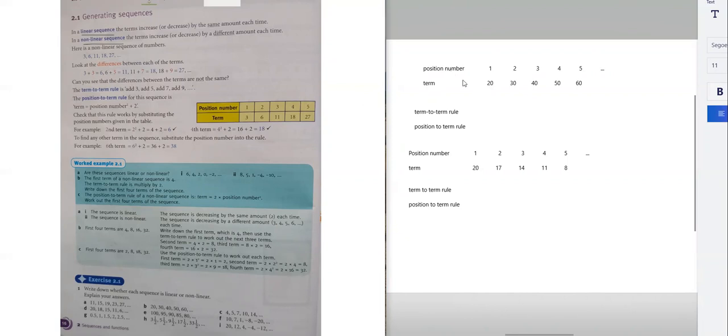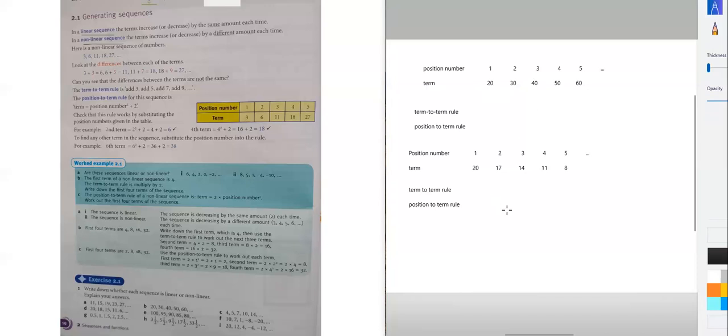Just like for example in this case, we have 20 becoming 30 and so on. 20 becoming 30 is actually plus 10, and you keep plusing 10, plus 10, plus 10. So you can see every time we move to the second term or third term, it's always plus 10. So this is what we call a linear sequence because every time you plus 10, okay?